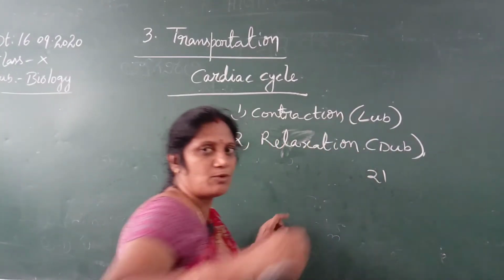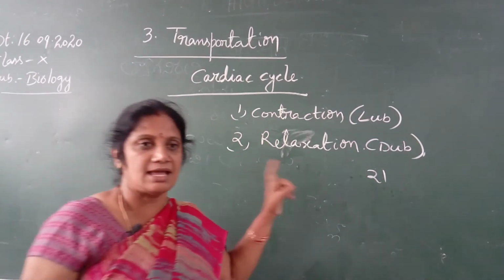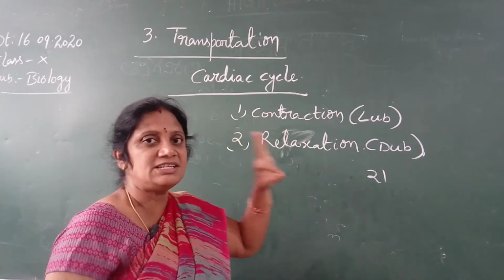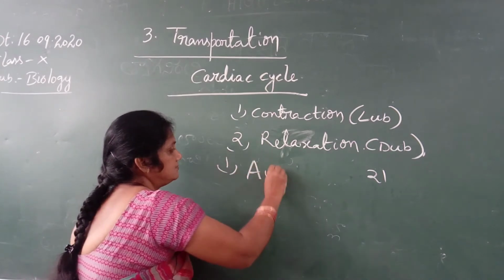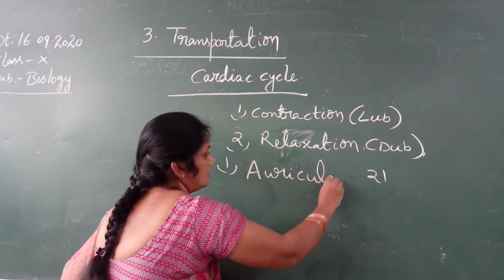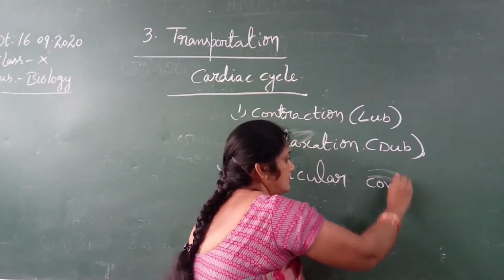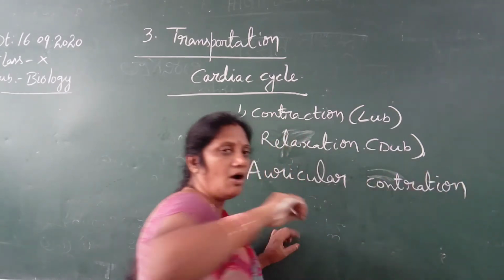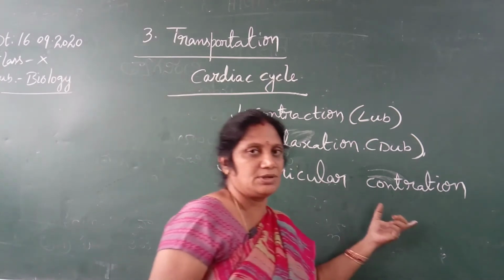Now we discuss the different stages of this heartbeat or cardiac cycle. The cardiac cycle contains three stages. The first one is auricular contraction. What will happen in the auricular contraction?